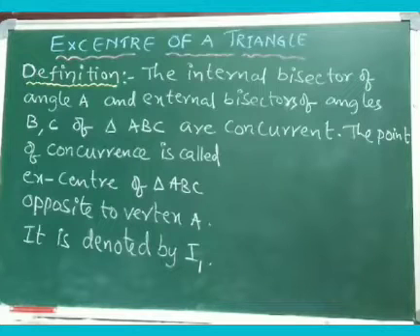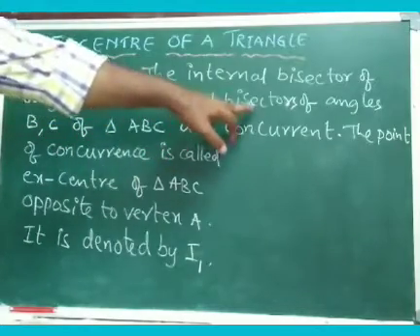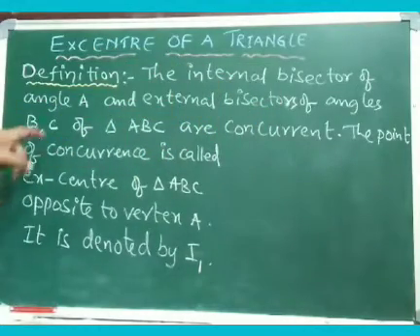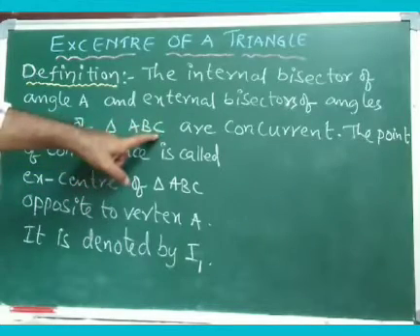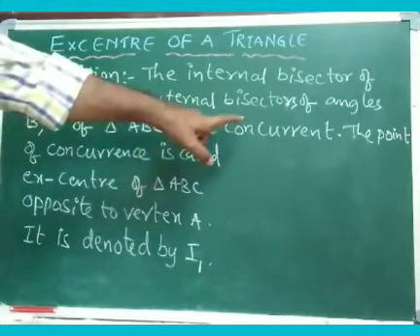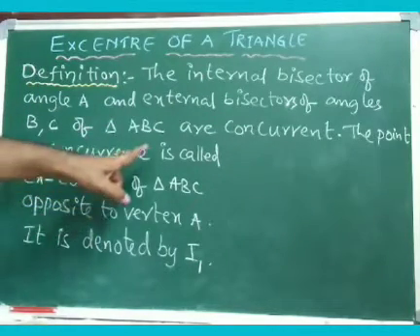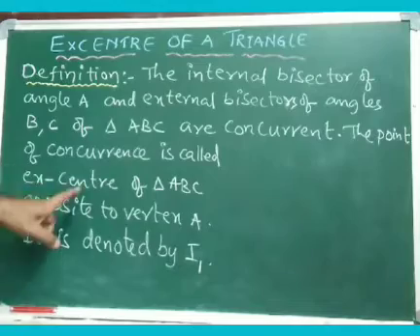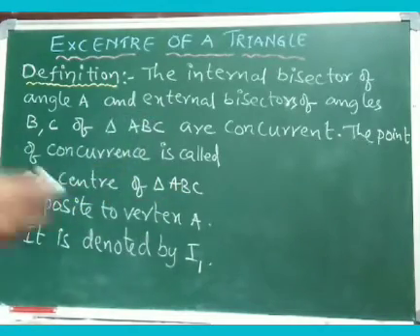The internal bisector of angle A and external bisectors of angles B and C of a triangle ABC are concurrent, and the point of concurrence is called the excenter of triangle ABC.